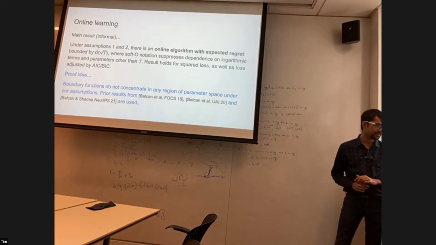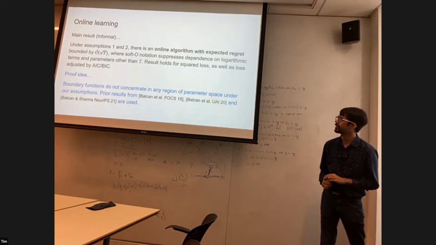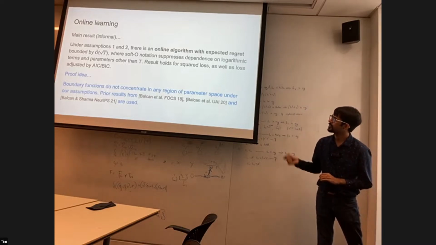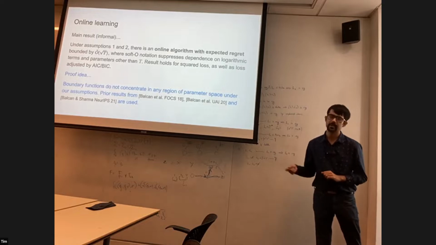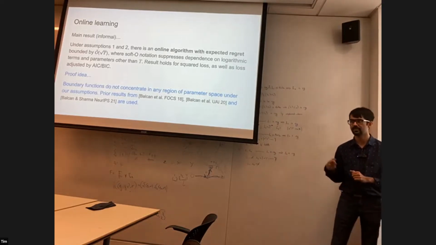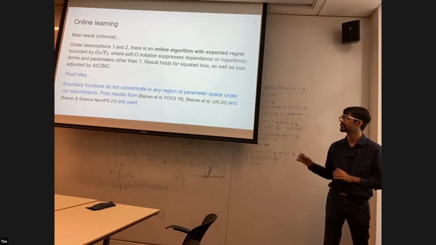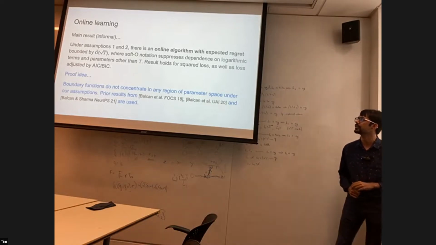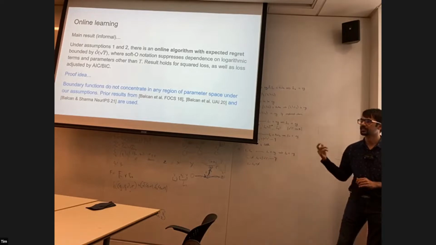And to do this, we use several prior results. In fact, the algorithm is also a prior known algorithm. We just prove that the assumptions needed for that algorithm to work are satisfied in this case as well, under the assumptions.